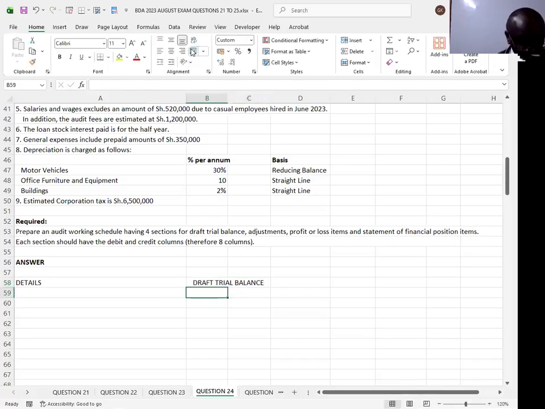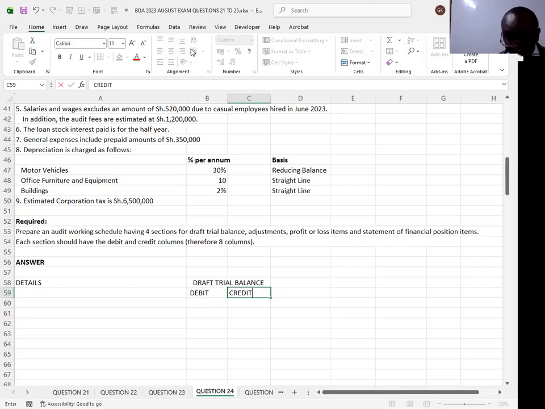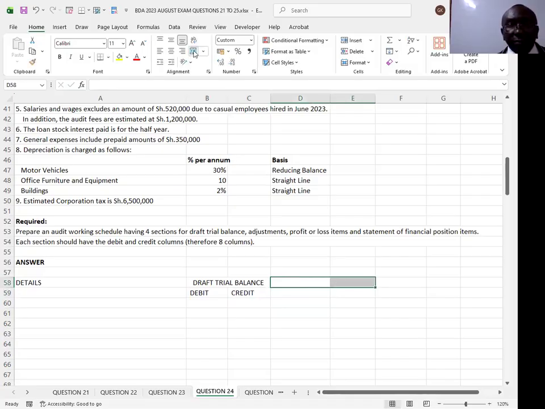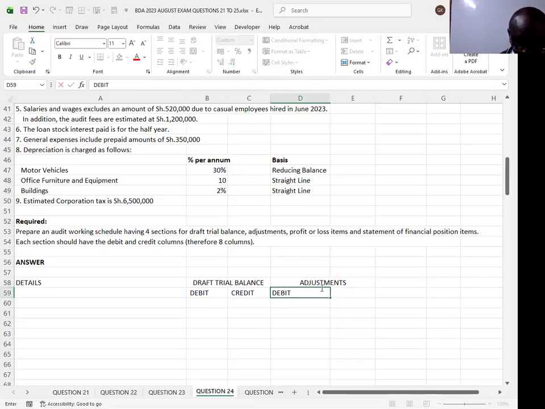And under that, I have debit and credit. Then I come here. I have adjustments. Under this, we have debit and we have credit.